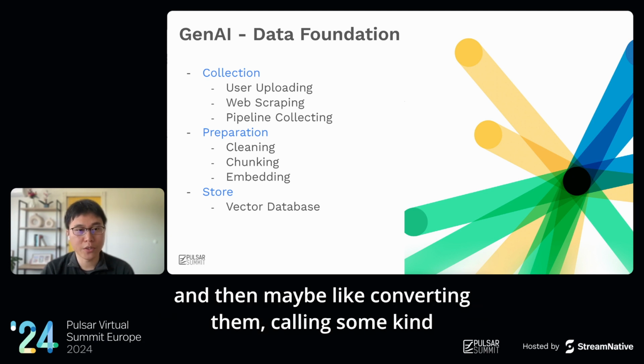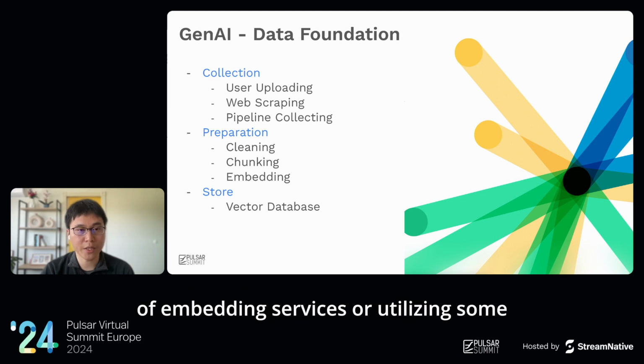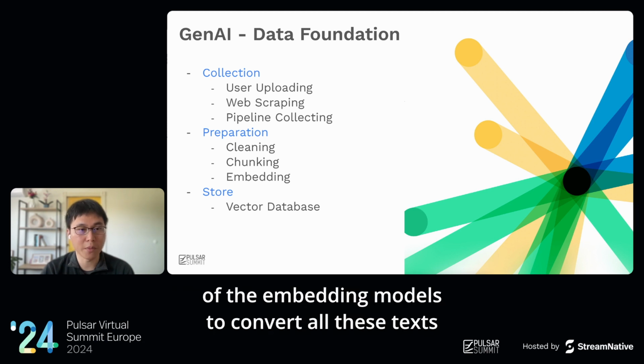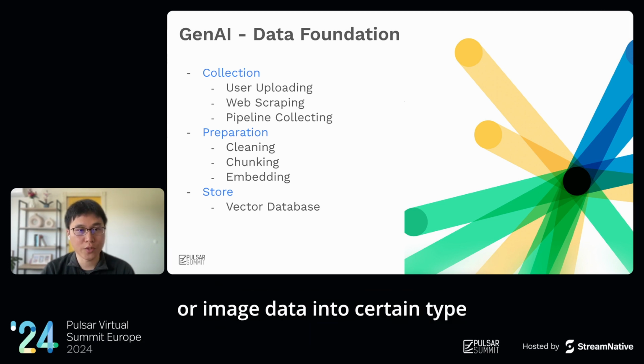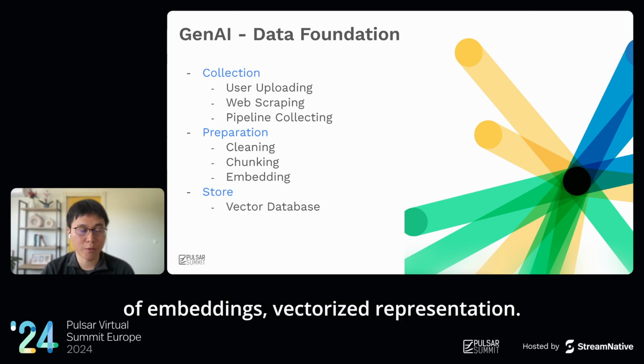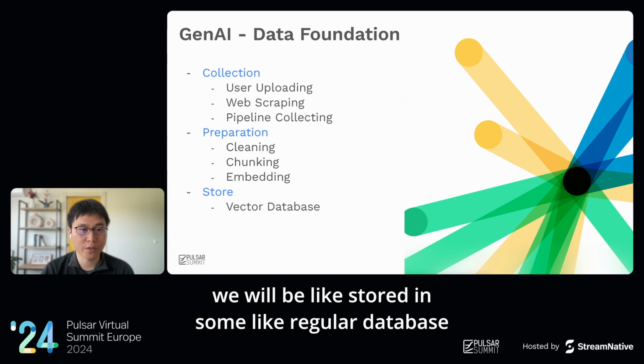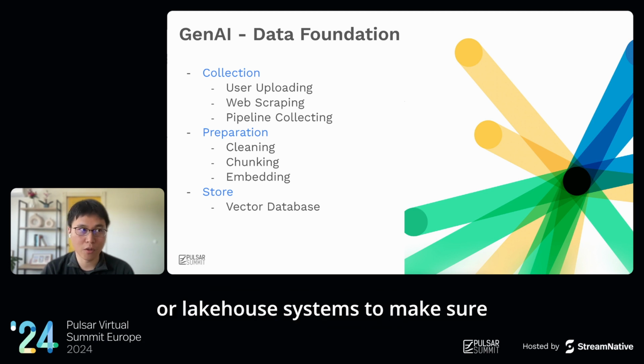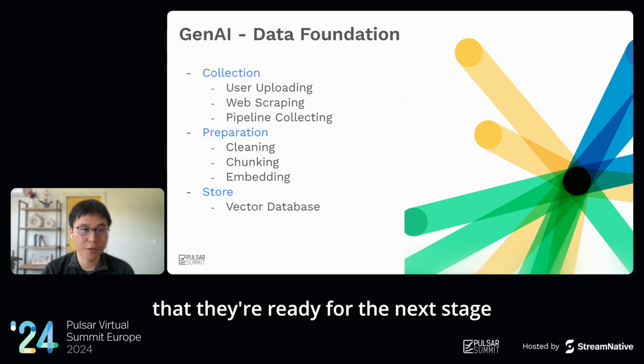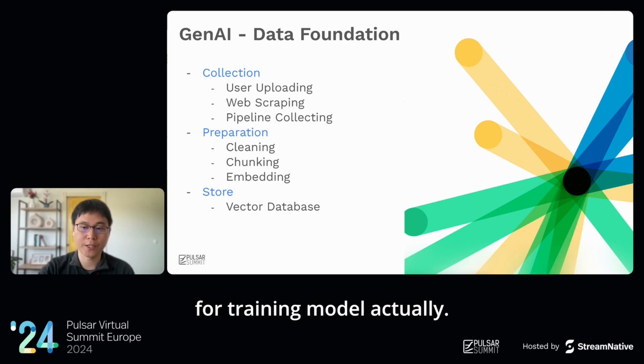Then we convert them, calling embedding services or utilizing embedding models to convert all this text or image data into a certain type of embeddings, a vectorized representation. And lastly, after all this preparation, we store them in a vector database or lakehouse system to make sure they're ready for the next stage, training the model.